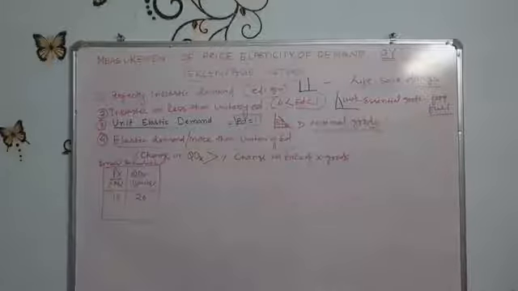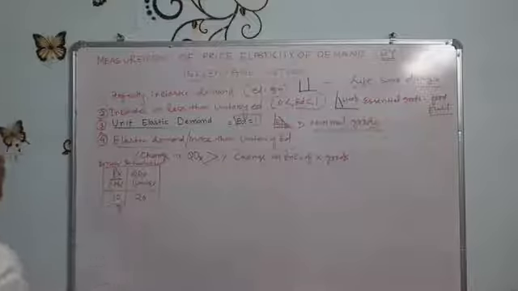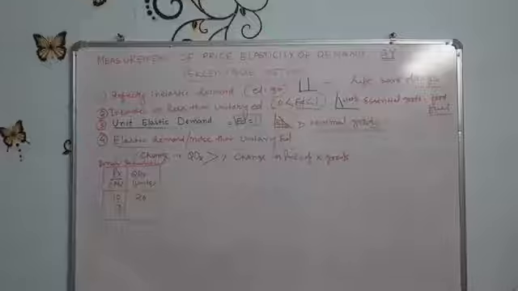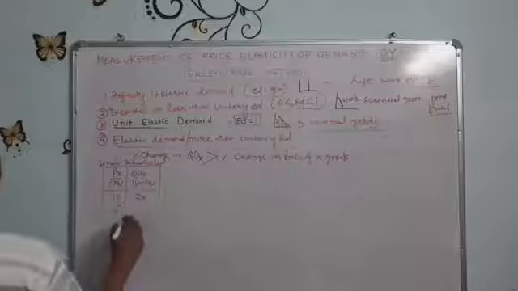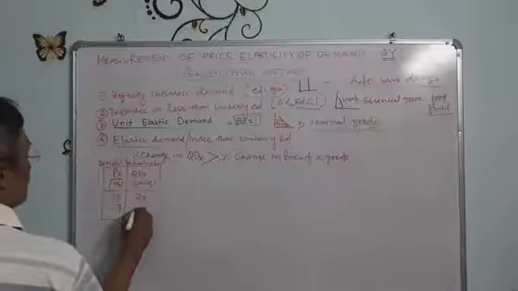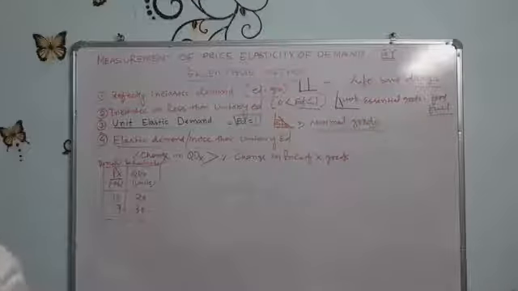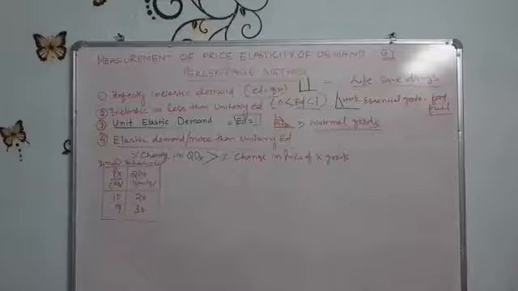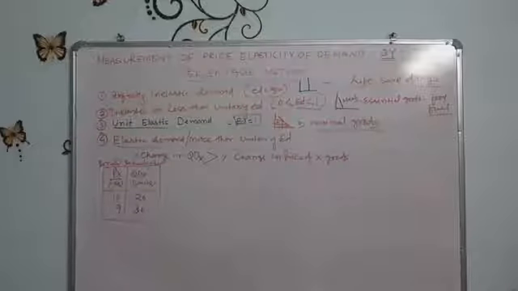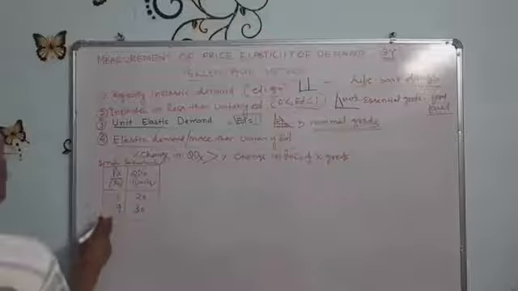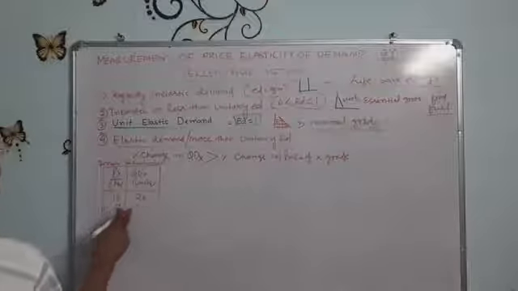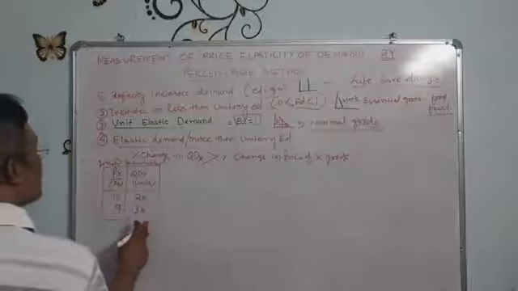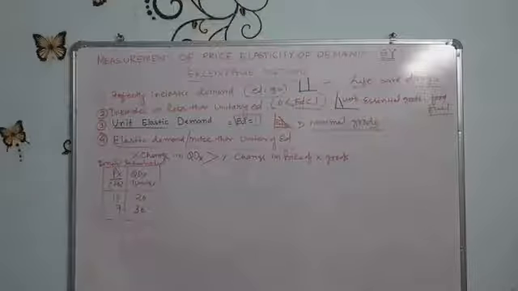When the price falls from 10 rupees to 9 rupees, the quantity demanded rises from 20 to 30 units. Price falls from 10 rupees to 9 rupees, quantity demanded of X rises from 20 to 30 units.